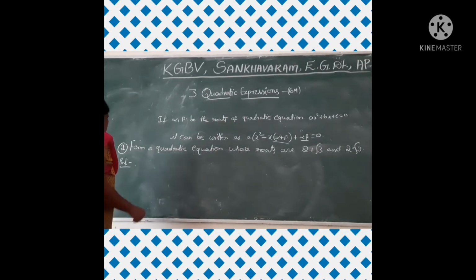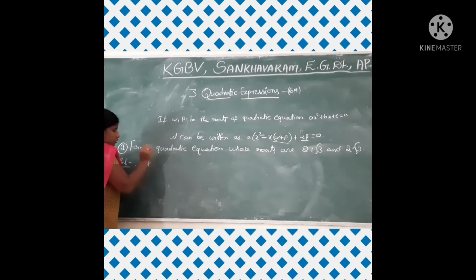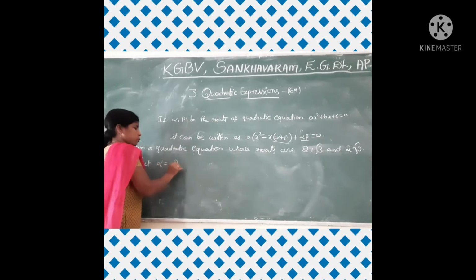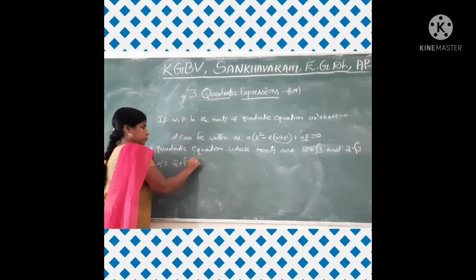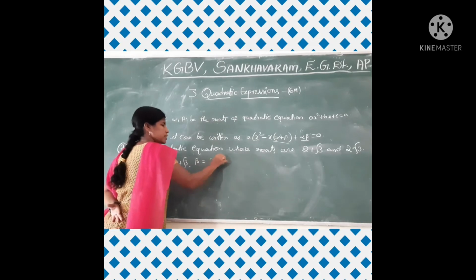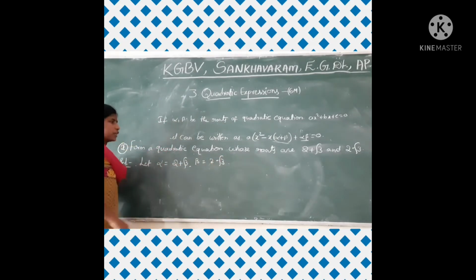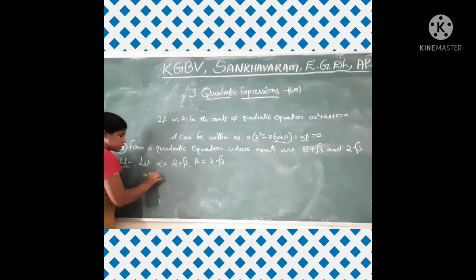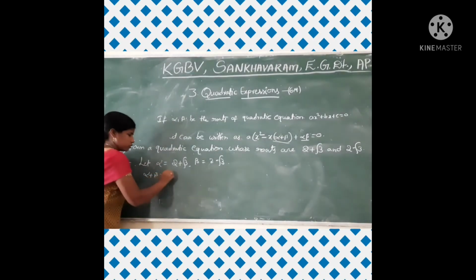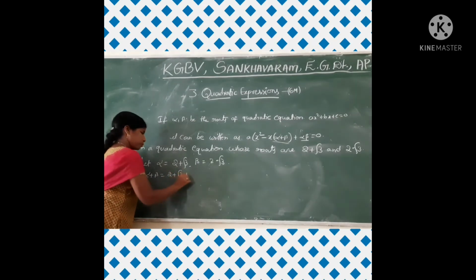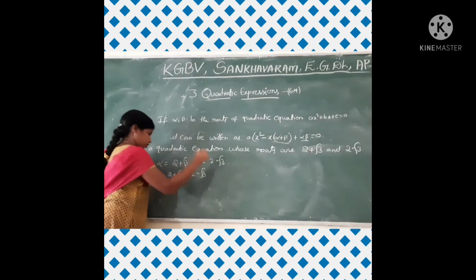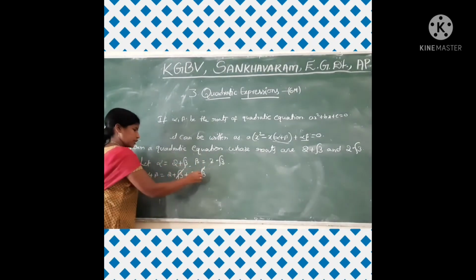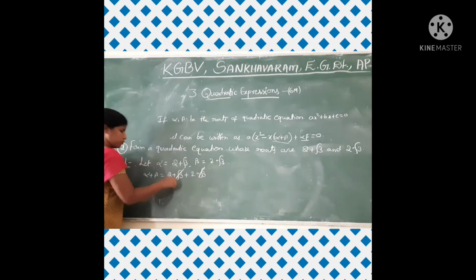Okay, see here that alpha is equal to 2 plus root 3 and beta is equal to 2 minus root 3. Again we find the sum of the roots. Alpha plus beta is equal to 2 plus root 3 plus 2 minus root 3. Root 3 cancels and we get 4.